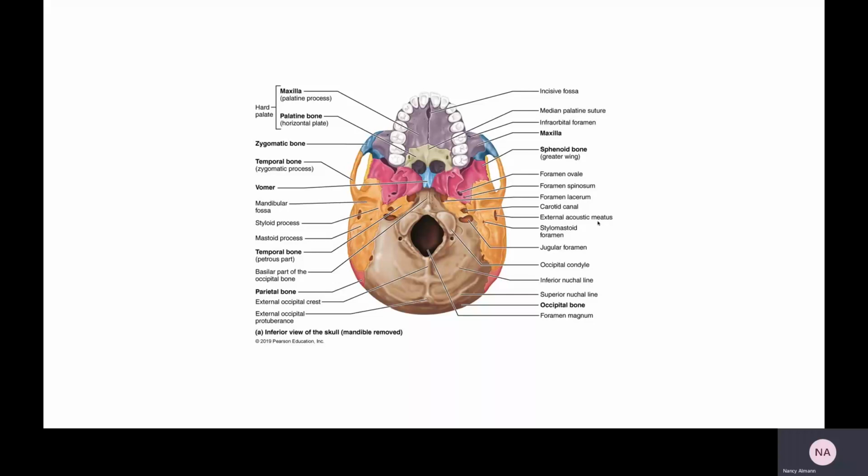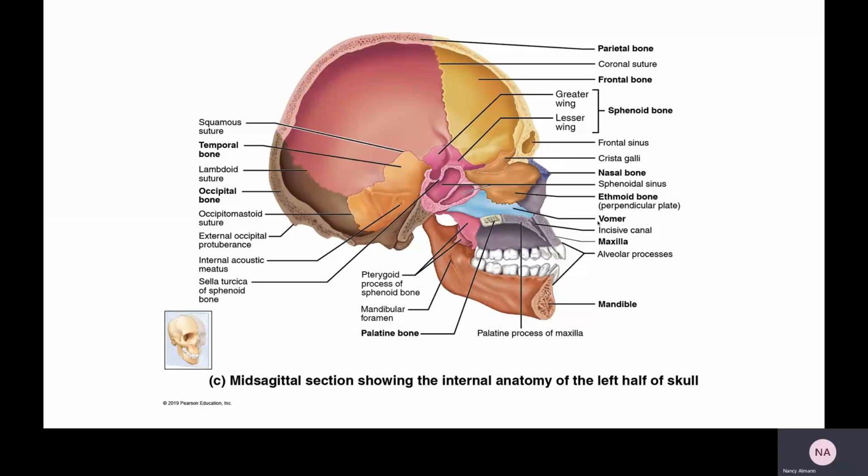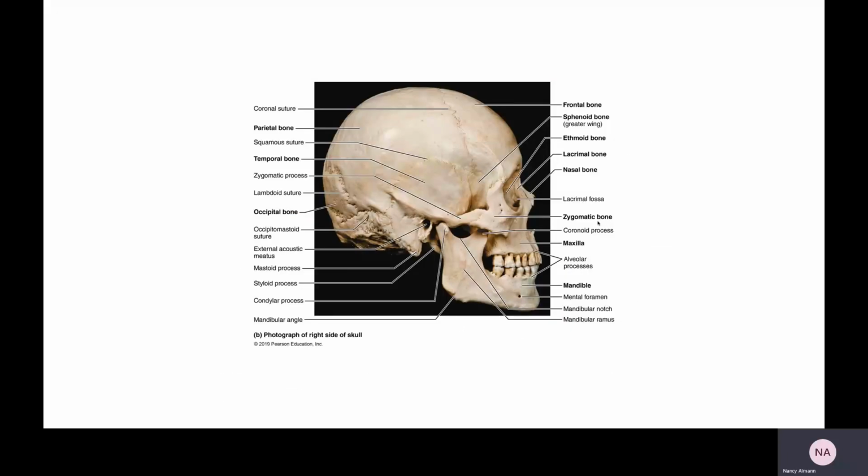So when you look at bones, let's just pop back through here and look at some of these landmarks. Let's look at the skull here, this cranium skeleton. You can see that the bones are not just basically flat like a desktop would be or a book. You'll see a lot of hills and a lot of valleys and a lot of ridges. So why might we have all of those?